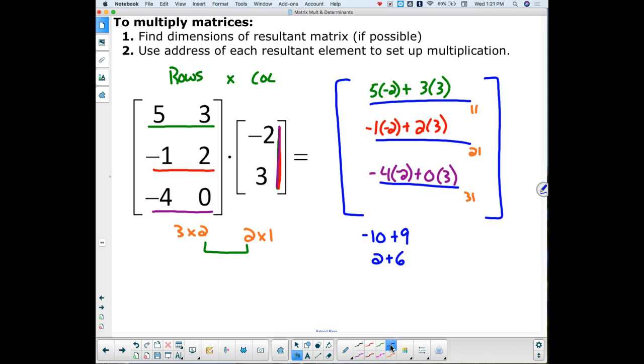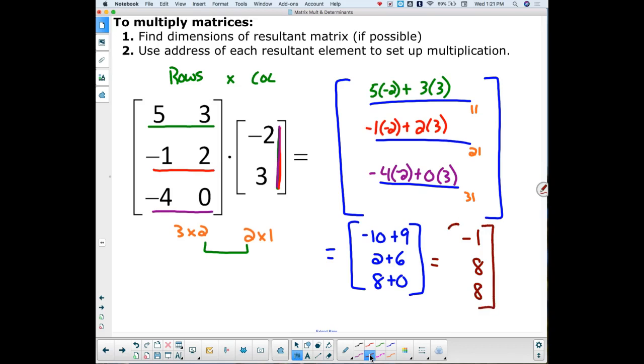Negative 4 times negative 2 is 8. 3 times 0 is 0. Negative 10 plus 9 is negative 1. 2 plus 6 is 8. 8 plus 0 is 8. So my resultant matrix is a 3 by 1 matrix, which we knew from the start. Negative 1, 8, 8.